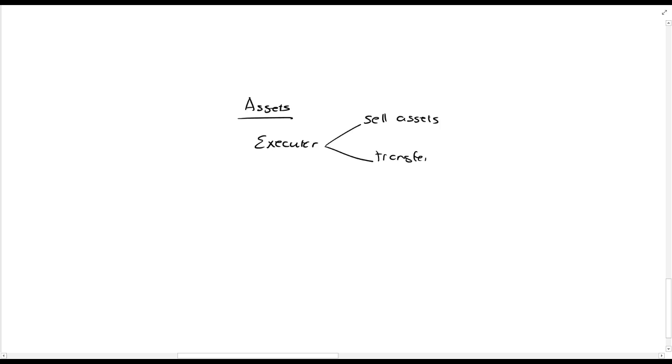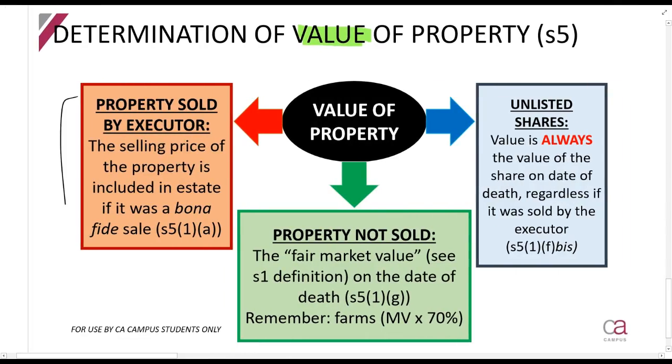That's actually the only thing that you can do: transfer to the beneficiary or to someone, or sell the assets. Now, if he sells the assets, then the value that you include in your estate is the selling price, as long as it was a bona fide sale, a genuine sale, at arm's length. If the property was not sold, so if you transfer to someone, then you use the fair market value on the date of death. And remember, guys, the fair market value for farms is the market value times 70%.